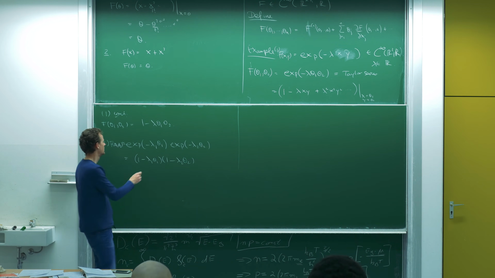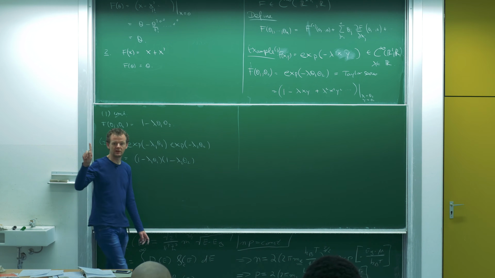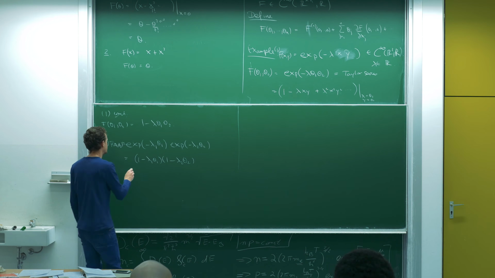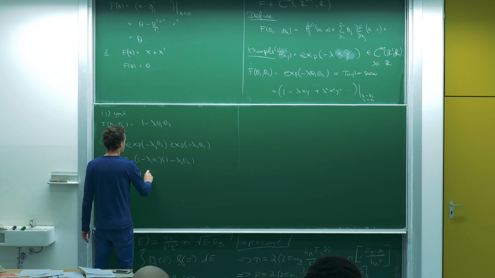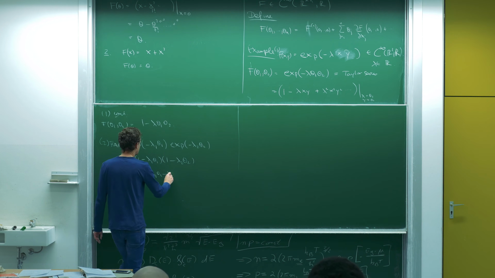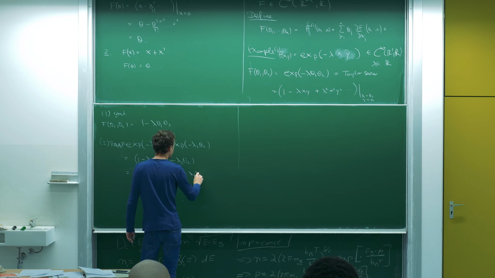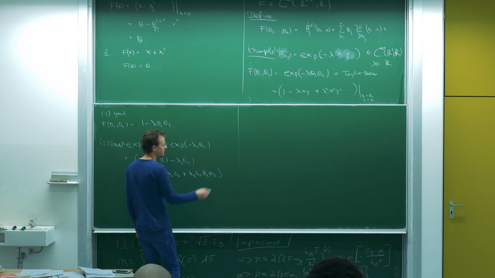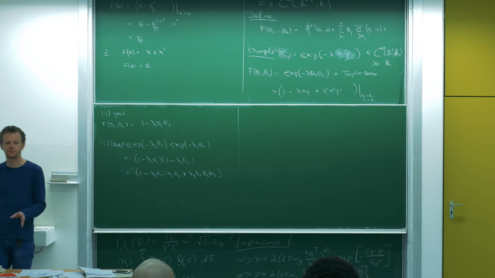And then when we expand this out, we don't just get 2 terms. We don't just get a constant term and a linear term. We get 4 terms. 1 minus lambda 1 theta 1 minus lambda 2 theta 2. But there is a higher order term. So nonlinear functions reveal themselves.